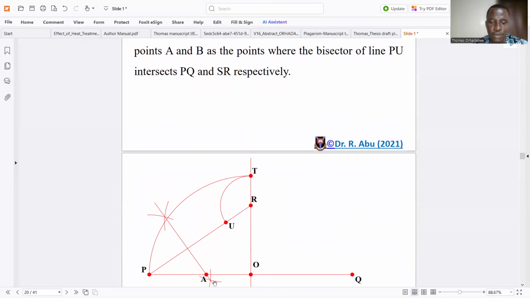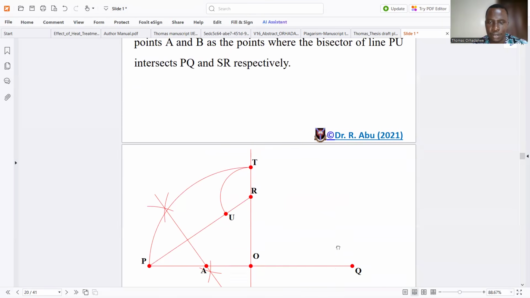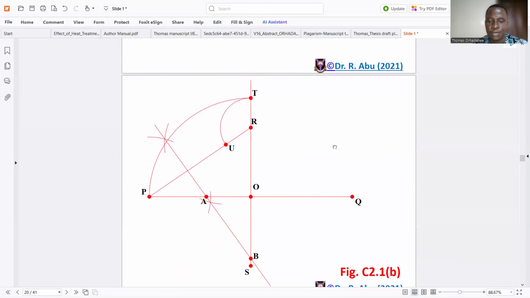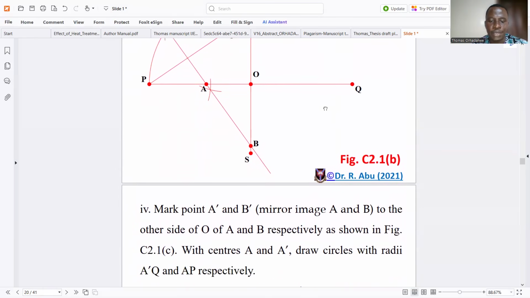You draw it down to intersect PQ at A and TS at B. So you bisect PU, join the lines to intersect PQ at A and then TS at B. So that is the next step. So mark points A and B.